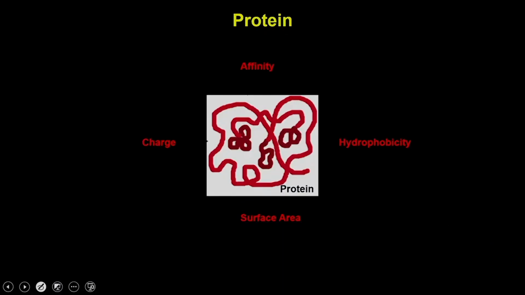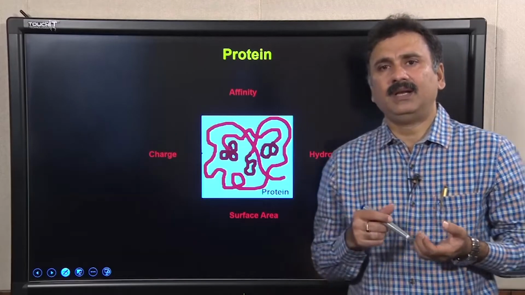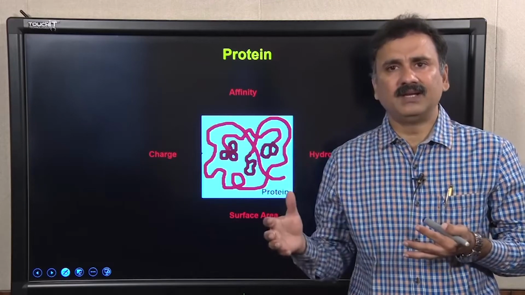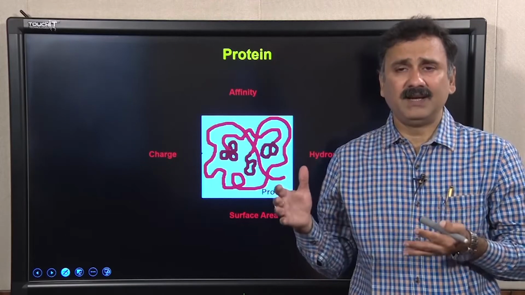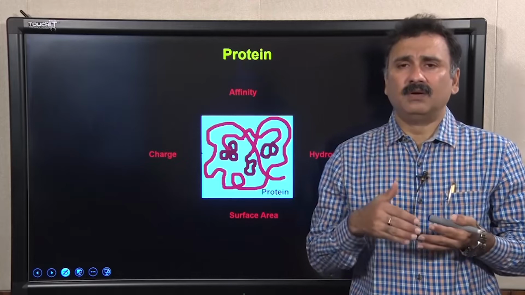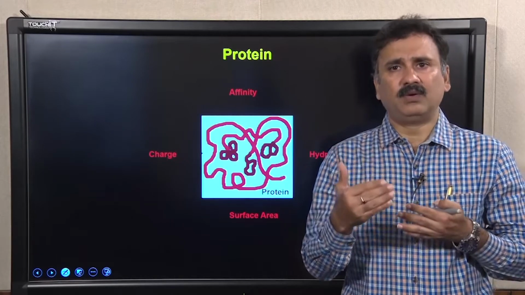A protein molecule is normally synthesized as a linear chain of amino acids, and as soon as a small polypeptide is synthesized from the ribosome, it starts going through a process of folding.